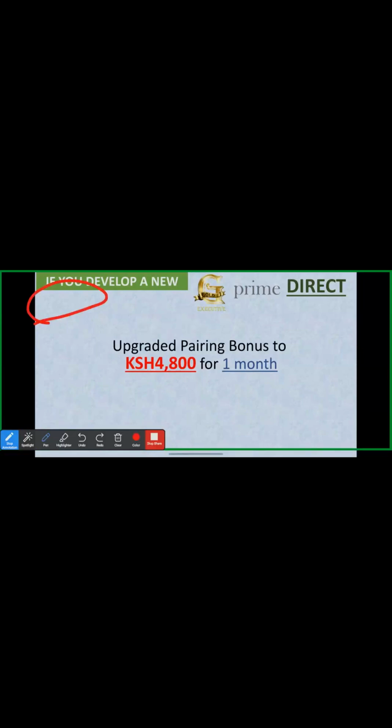So, same name compression. If you develop a new gold executive prime, we are assuming uko pair ile ya 4,200 and your cycle is 12 out of 12, sababu ushapitisha 301, uko 301 and above.